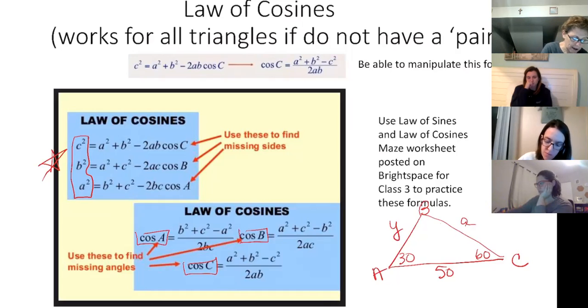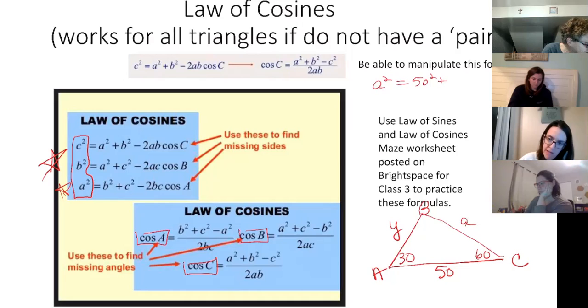So here's my setup. I'm going to use the third one down. I'm going to say A squared equals. Okay, so let's call this B squared over here. So 50 squared plus, then I need to have C squared. Okay, that's what I'm missing. So hold on, I need to have another value.